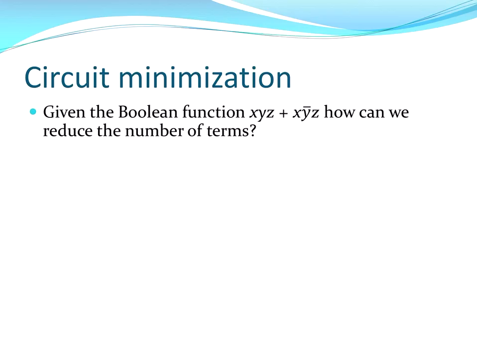For instance, if we have this Boolean function, which is the sum of two 3 literal minterms, is there a way that we could express this with a smaller or more efficient means?